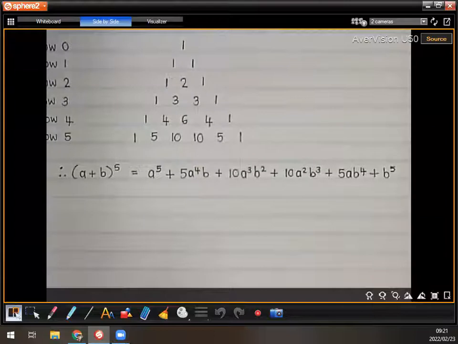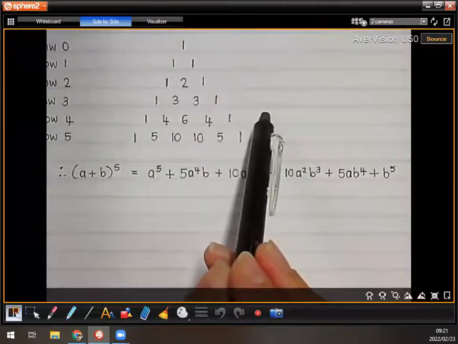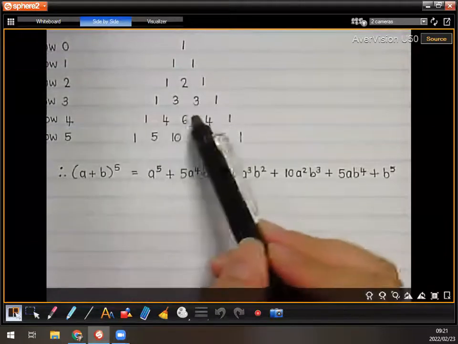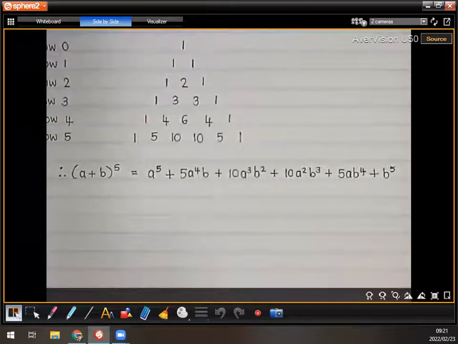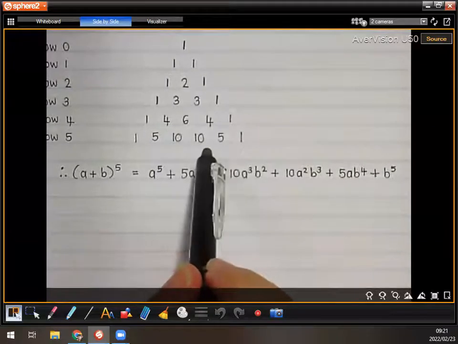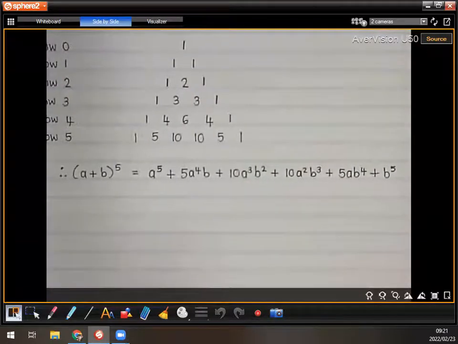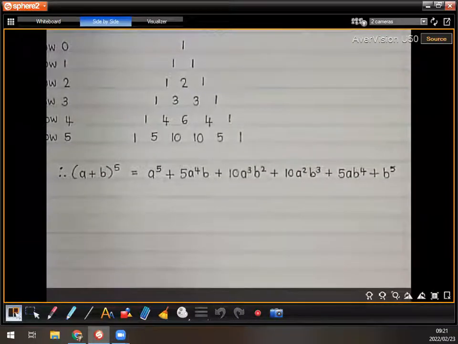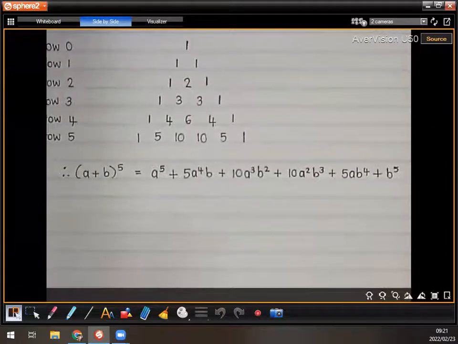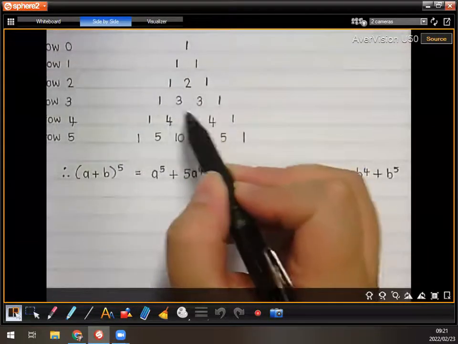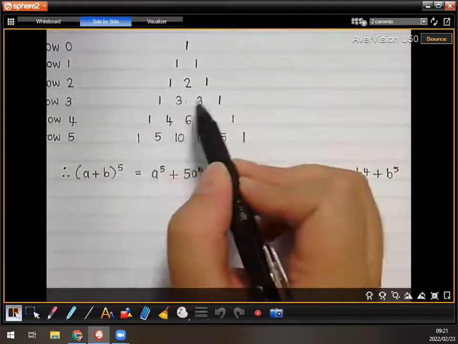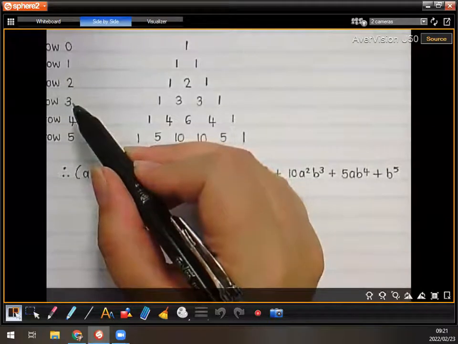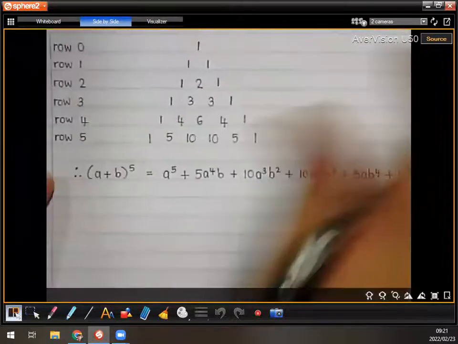This is the other thing. There was another pattern: when you add all the numbers across a row, it should give you, what is it? Oh, 2 to the power of the row number.